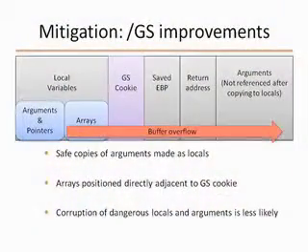So the mitigation to this was to improve GS and have a little bit more intelligent layout for the stack. Now GS will position fixed-size arrays, such as that character buffer we've been talking about, directly adjacent to the stack cookie. They'll make safe copies of the arguments that are passed in, and they'll also move pointers or other interesting variables so that they precede the arrays on the stack.